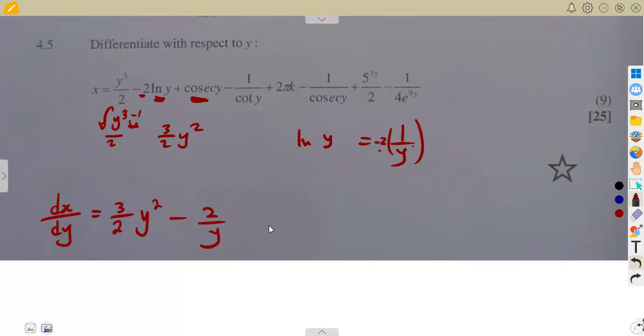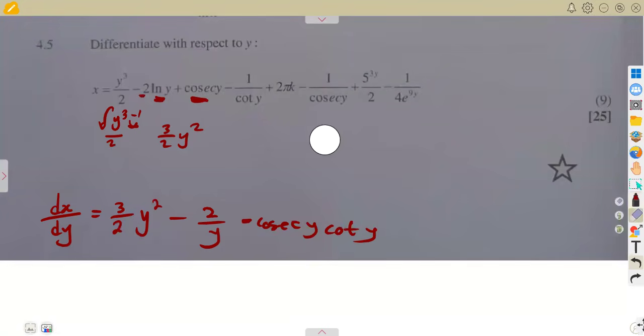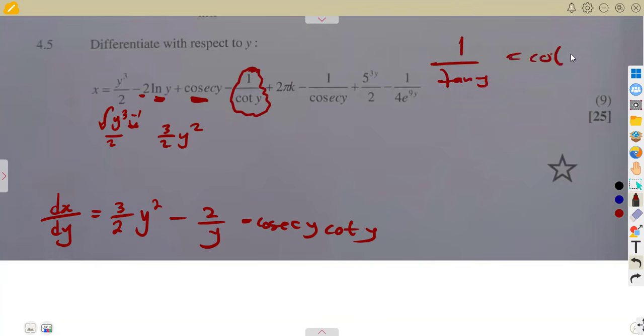The derivative of a cosec, remember, is minus cosec, then the cot of y. So it's minus cosec y cot y. Then we have got minus 1 over cot y. All right, let's talk about 1 over cot. Remember, 1 over tan of y gave us a cot. So meaning to say 1 over cot, it's a tan.